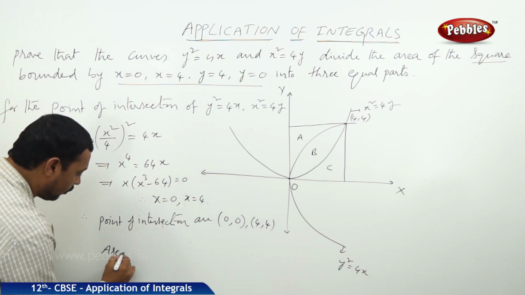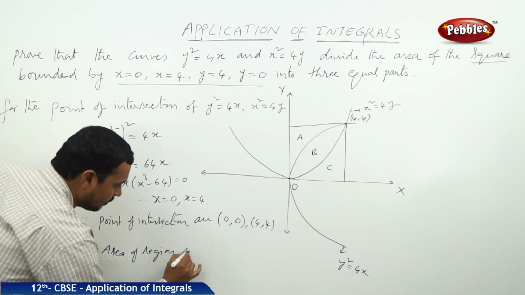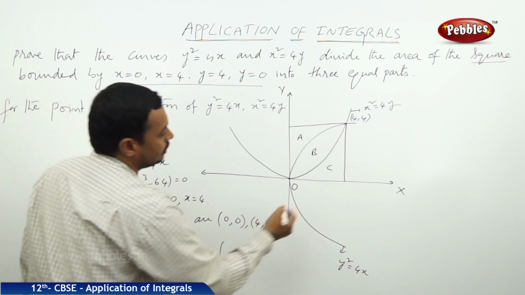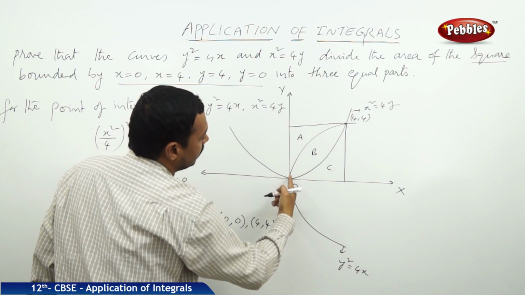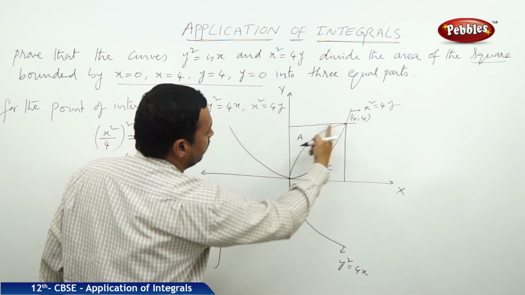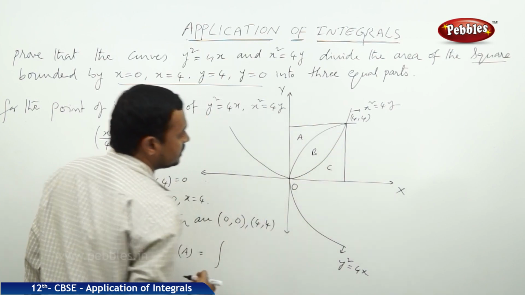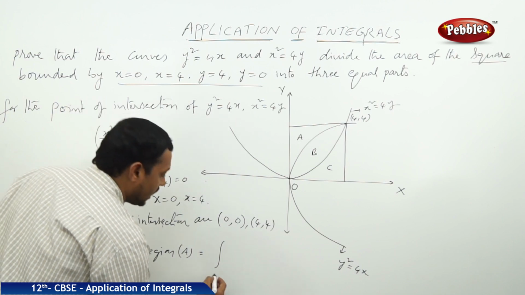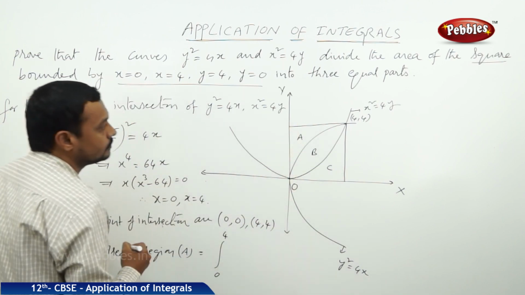The area of the region A is equal to integral, we can find the area here, it is bounded by the curve with the limits y is equal to 0 and y is equal to 4. So the area of the region A is equal to integral 0 to 4 x dy.